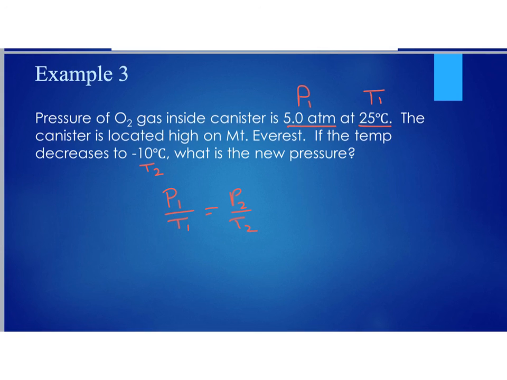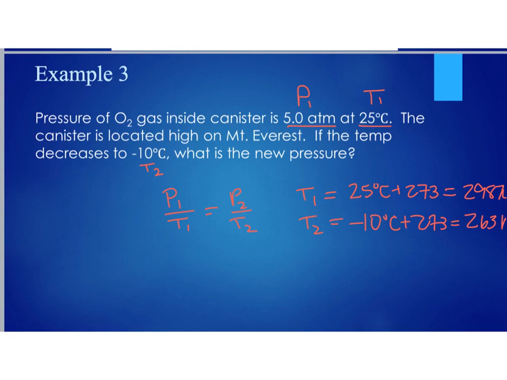And just like with Charles's law, we do have to convert our temperatures. So my 25 degrees Celsius plus 273 becomes 298 Kelvin. And my second temperature is going to be -10 degrees Celsius plus 273, which gives me a 263 Kelvin temp.